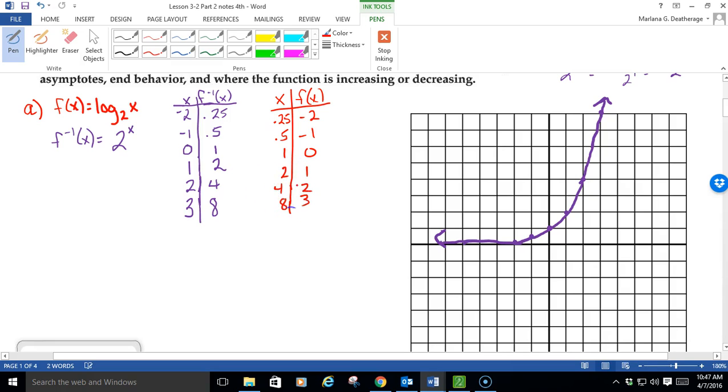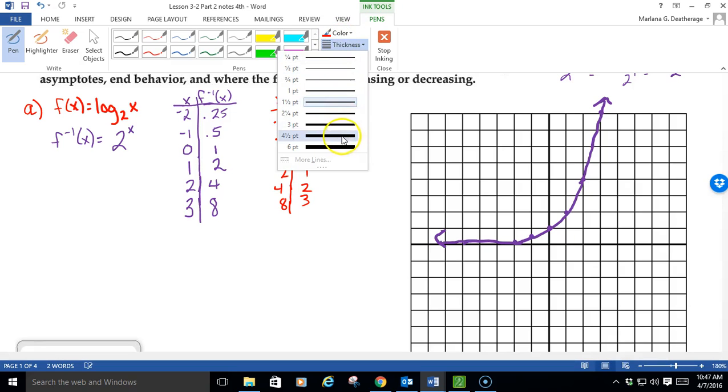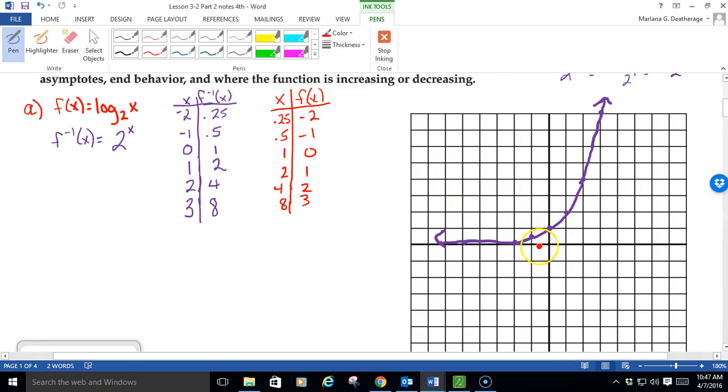So, 0.25, negative 2 would be about right here. 0.5, negative 1. 1, 0. 2, 1. 4, 2. And 8, 3.